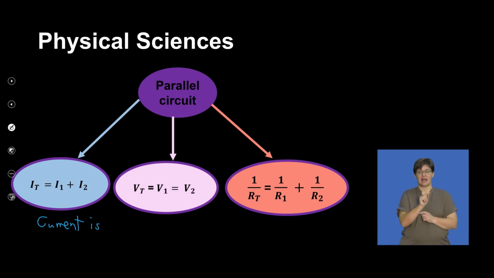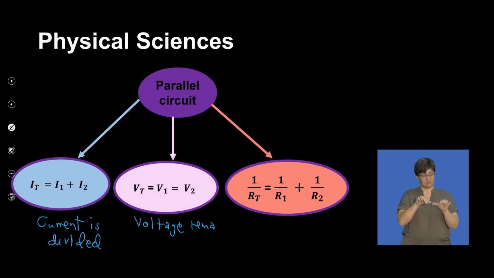That's the main thing about a parallel circuit, while voltage remains constant. You'd have realized that the voltage across the source equals the voltage across resistor 1 as well as resistor 2. So we are saying that voltage remains constant, okay? This is what we are saying in short.